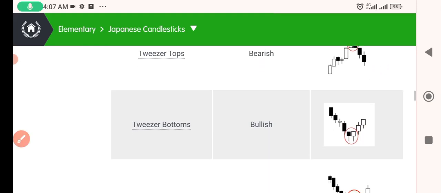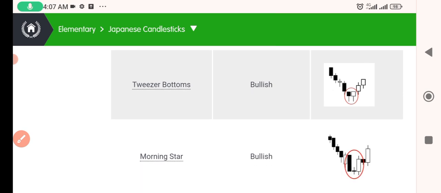And then afterward, we have a tweezer bottom, and this is the opposite. It's a bullish signal which gives us a buy entry. It's letting us know that buyers are now in the market.